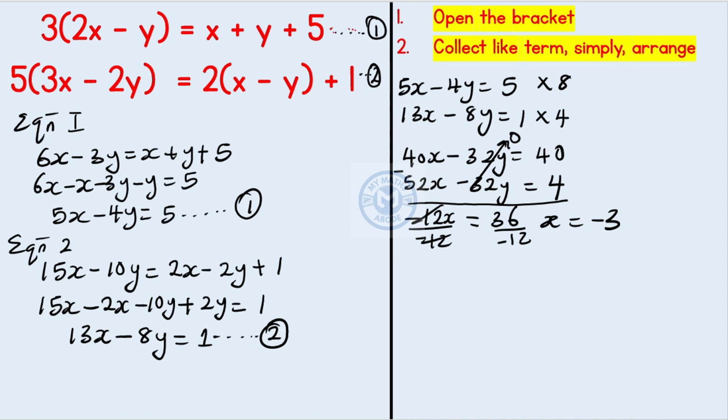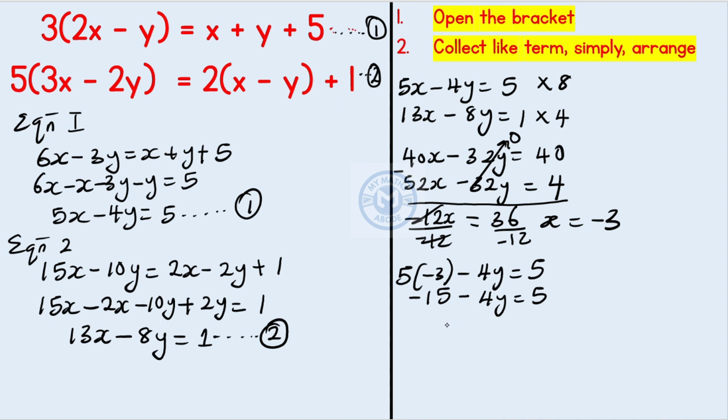So I'm going to substitute this into either equation 1 or equation 2. I prefer equation 1. So I'll have 5 in bracket negative 3, minus 4y is equal to 5. This will give me negative 15 minus 4y is equal to 5.